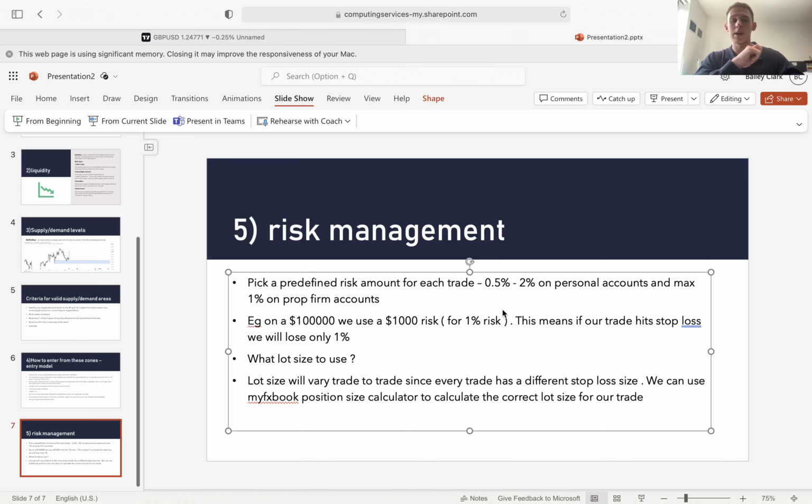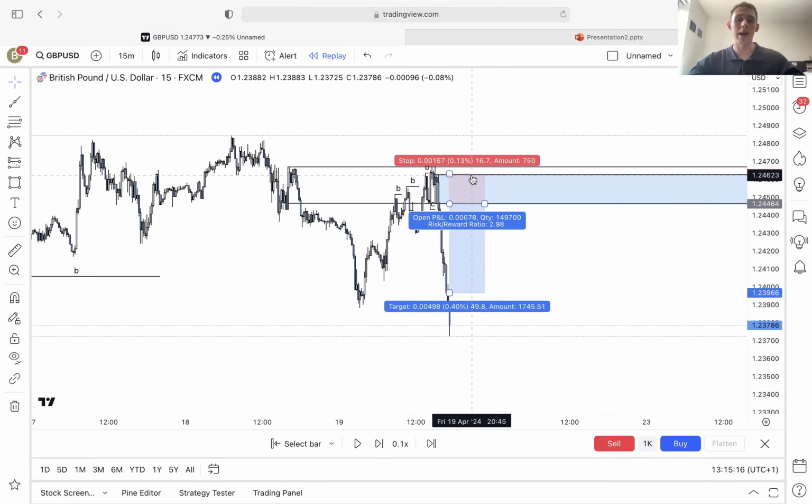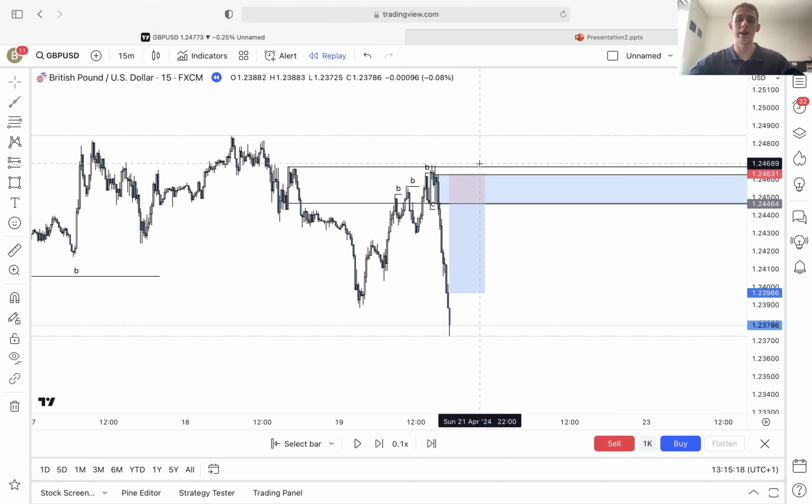And on prop firms, I would say maximum 1%, because on a prop firm account, you don't really need more than 1% risk to make a decent amount of money anyway. So for example, if we have a 100K prop firm account, we're going to be risking $1,000 for a 1% risk. This means that if this trade came up and it hit stop loss, we would lose $1,000 and nothing more, nothing less.